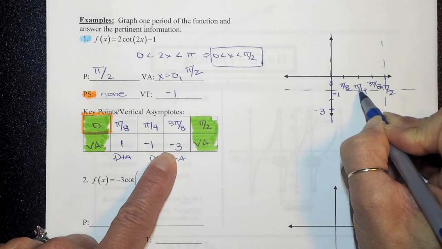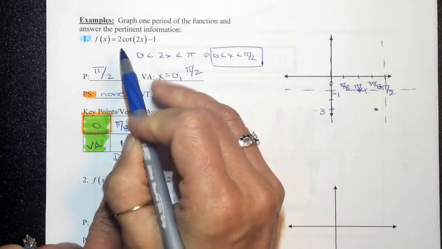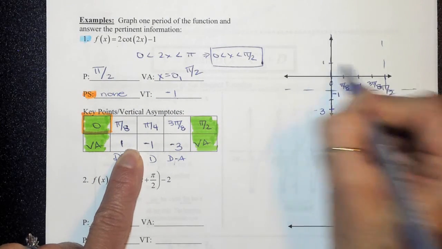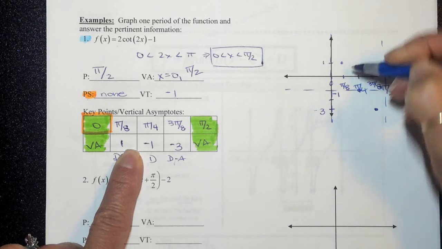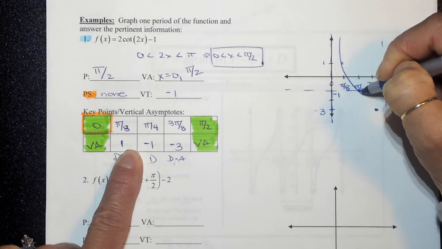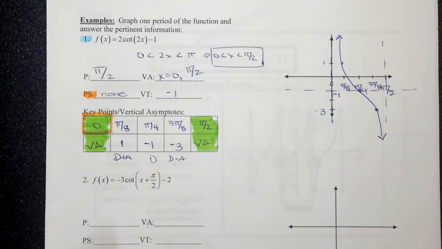Pi over 4 is at -1, and then I need to go up to 1, because from this baseline, I'm stretched 2, so this would go up 1, 2. So this is at 1, and it's up here. So then this looks like it would be a straight line, but you have to put a curve in here. Okay, just like this. And then we're done.